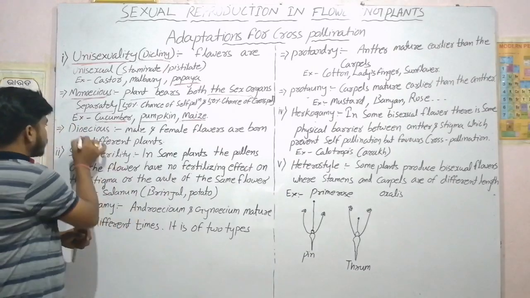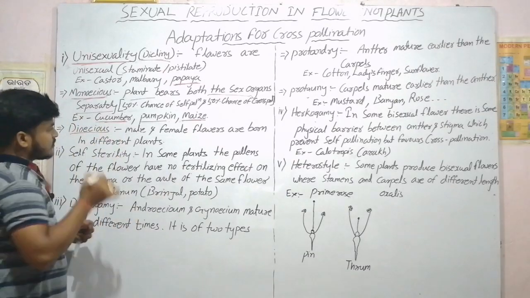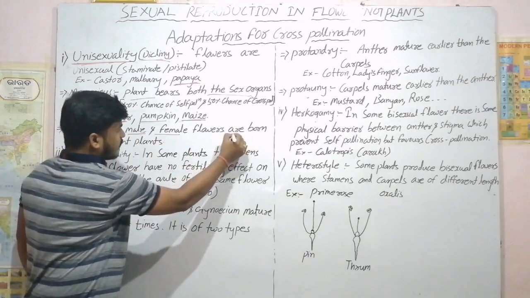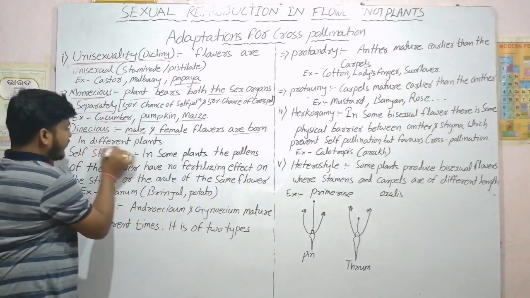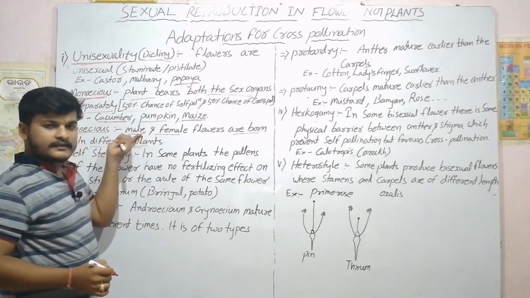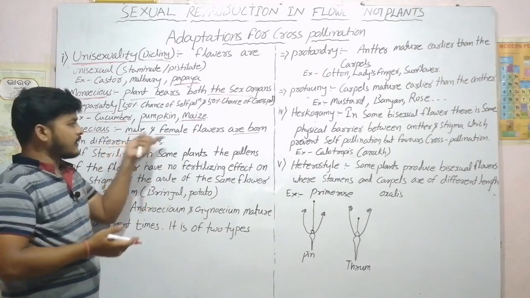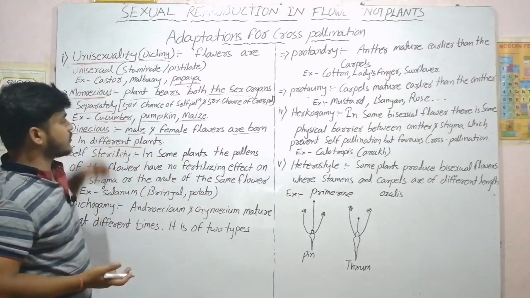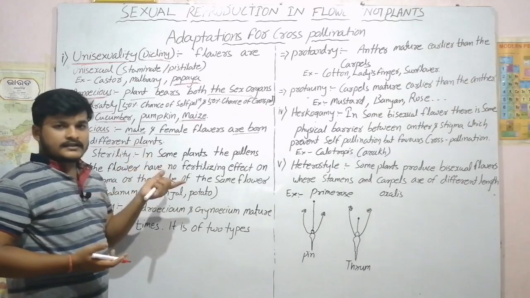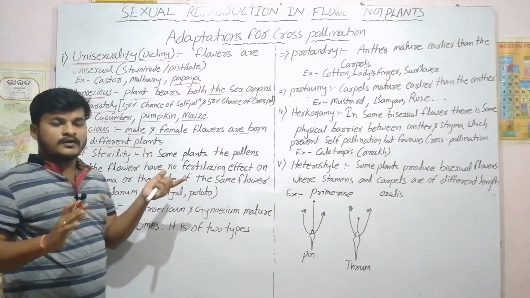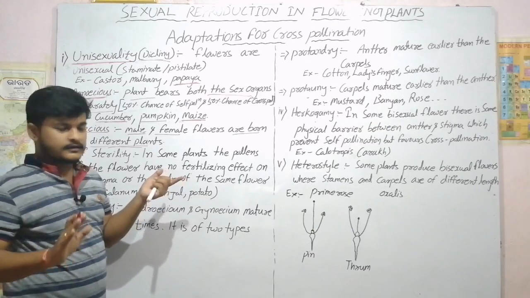The next one is the dioecious condition. In the dioecious condition, male and female flowers are borne on different plants. That means a single plant contains all the male flowers and another single plant contains all the female flowers, just like the previous unisexuality condition. As I told you previously, self-pollination mostly occurs in bisexual flowers.